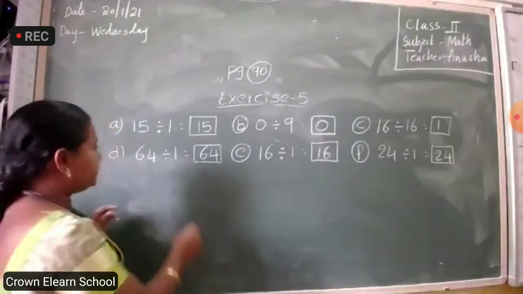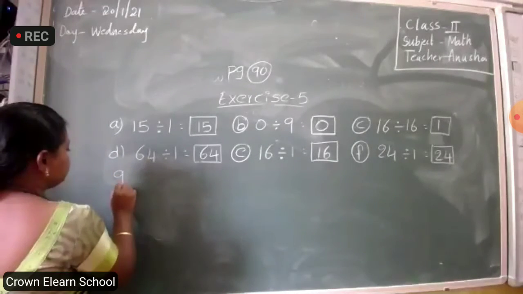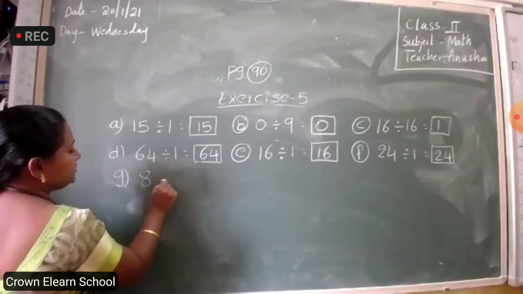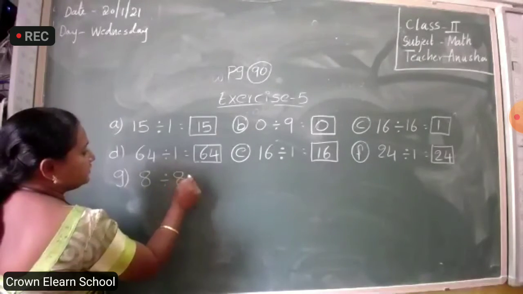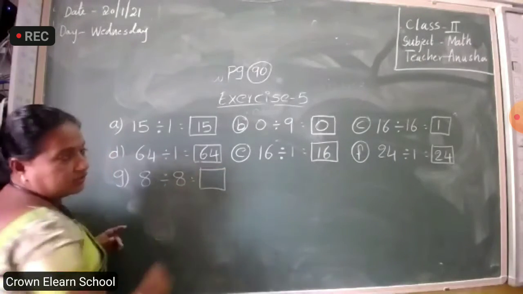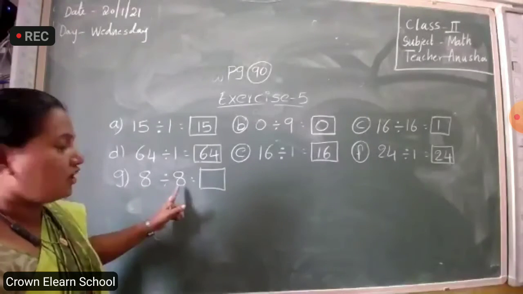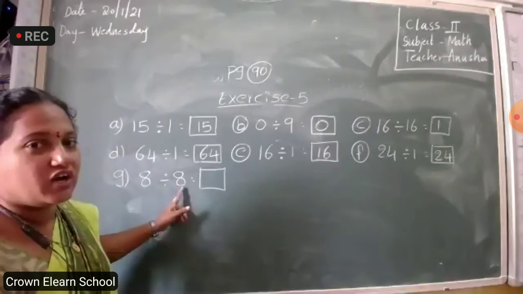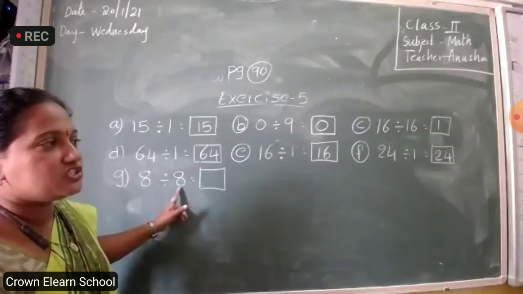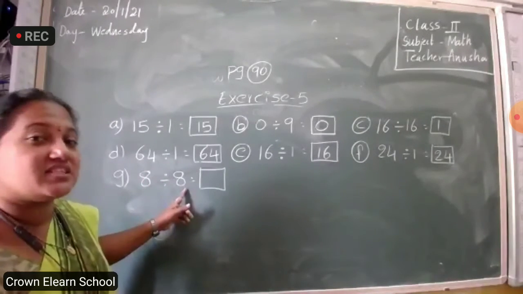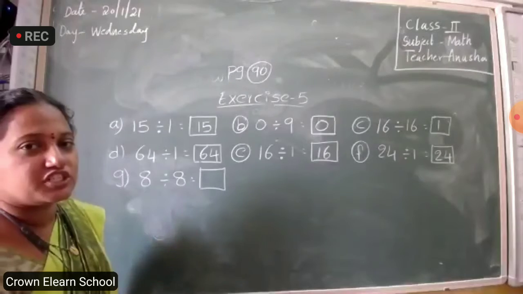Next, G. What is that? 8 divided by 8. Now tell me. Your mother has 8 chocolates and you are 8 members. What is your share? Same number. When you divide by the same number, what is your share?